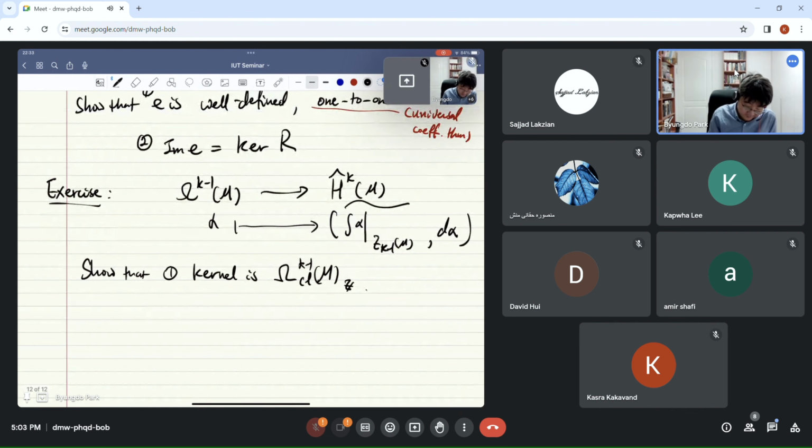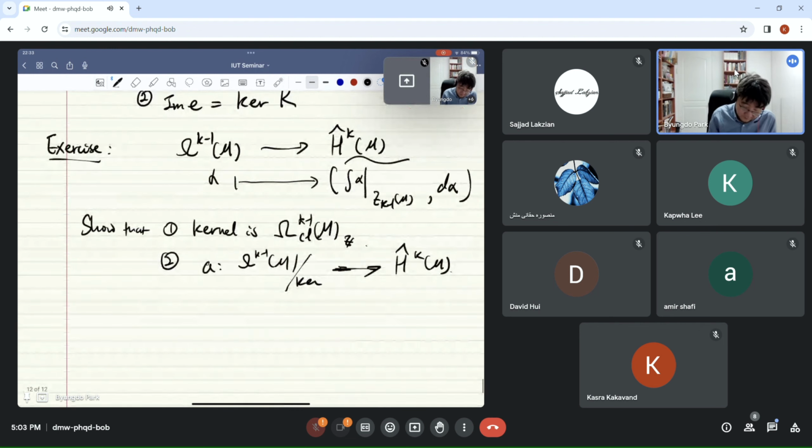right? And second, then you have this map A defined on Omega^(k minus 1) of M modulo corner that goes into H hat k of M. The map is defined on this.